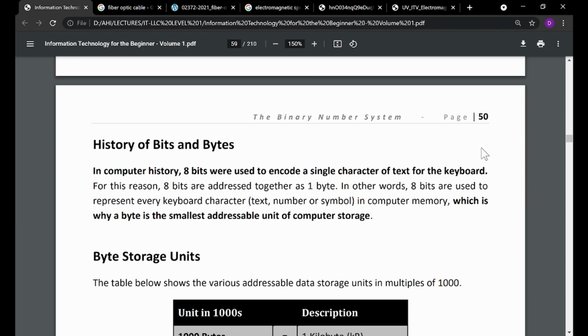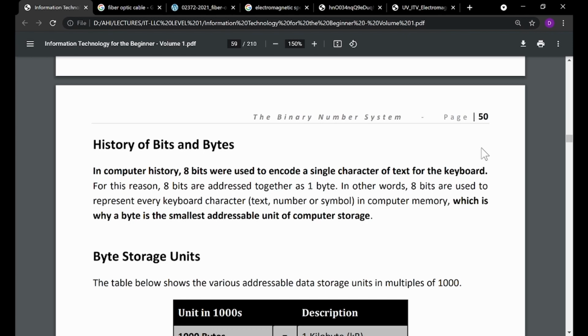And so it was accepted that computers will operate with groups of 8 bits, because every character on your keyboard occupies 8 bits of memory. When you press anything on the keyboard, it occupies 8 bits.